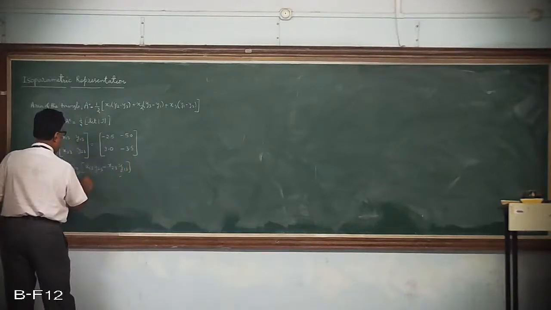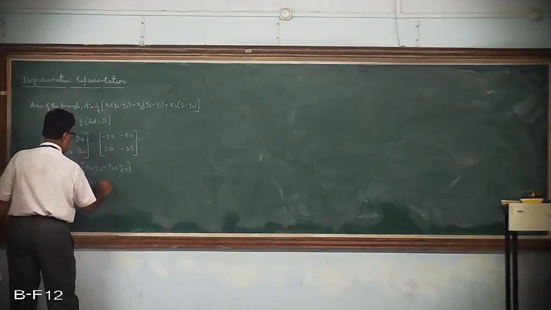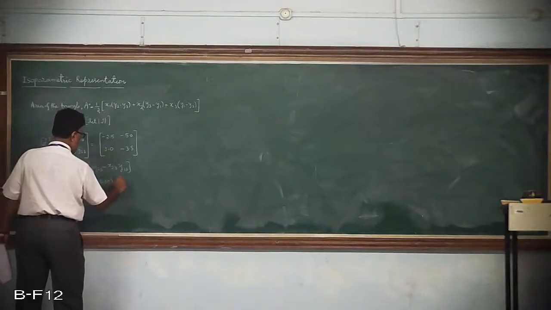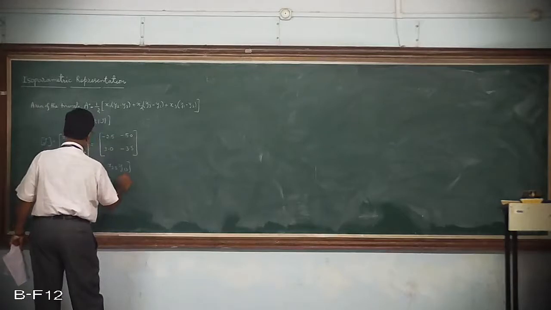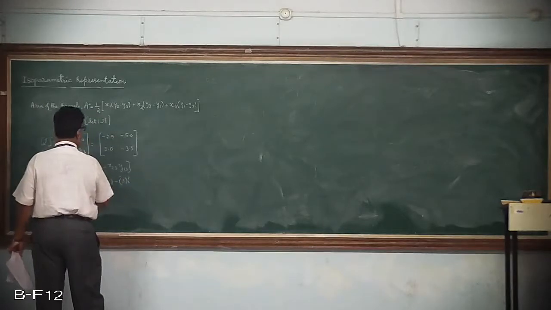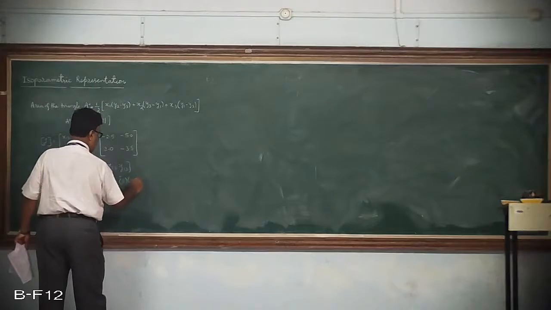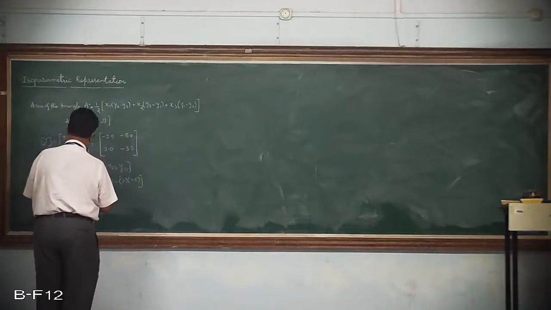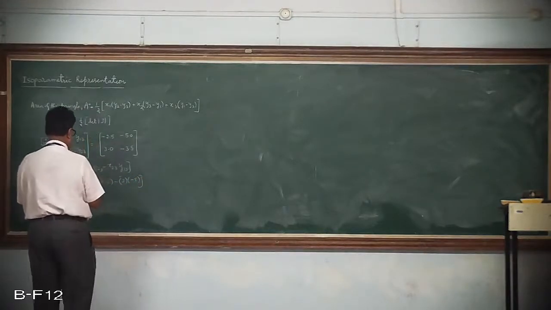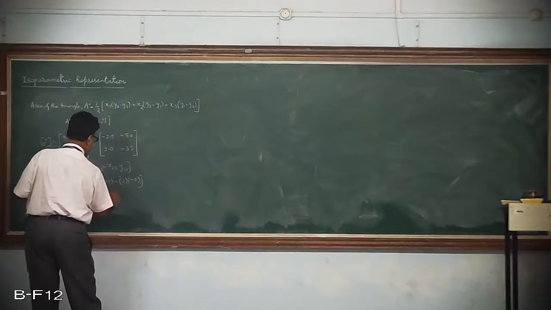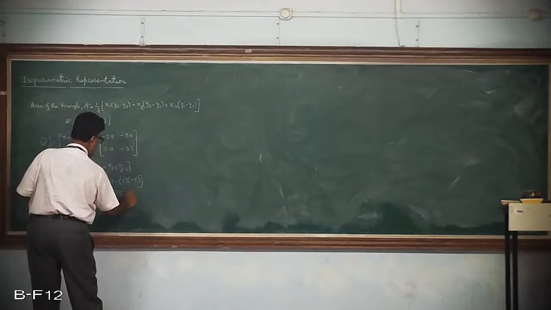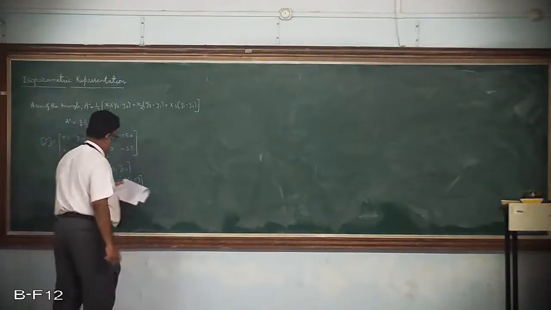So this is nothing but x13, that is minus 2.5, times y23, that is minus 3.5, minus x23, that is 3, times y13, that is minus 5. If you do that, altogether the answer is going to be 23.75 units. This is the answer you are going to get.